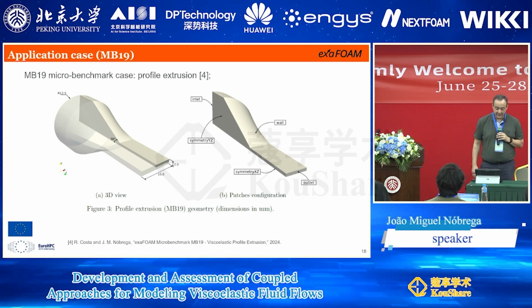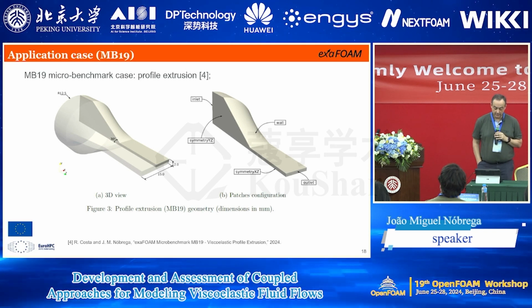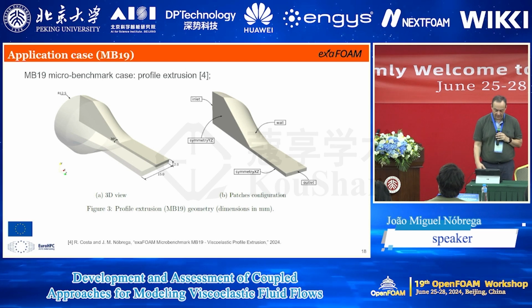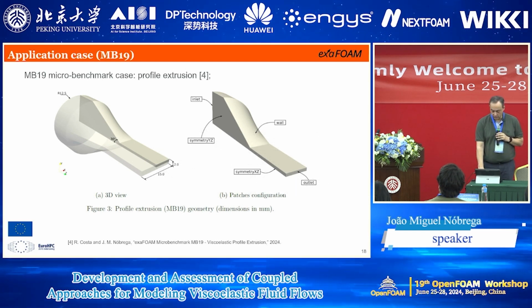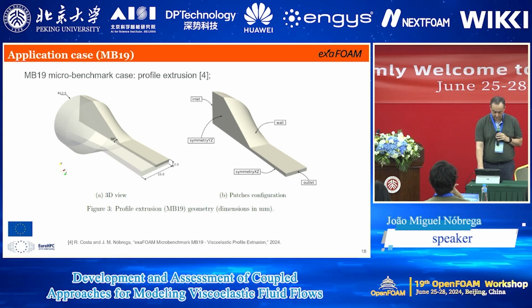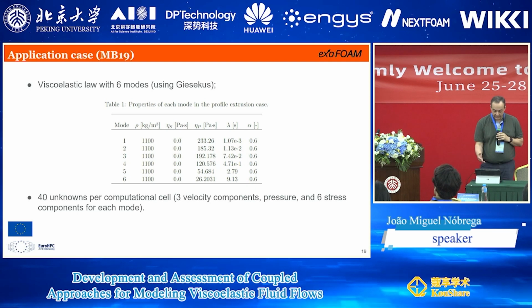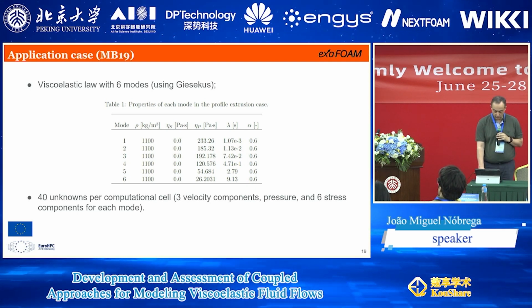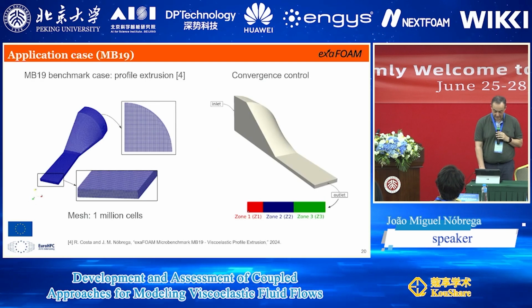So this is a simple extrusion die, similar to the initial one I showed, but much less complex. In this case, we modeled just a quarter because there are 2 symmetry planes for the calculation. And for this material, we use 6 modes to do the fitting. That means we have 40 unknowns per computational cell.